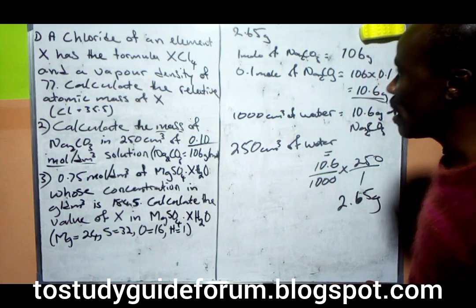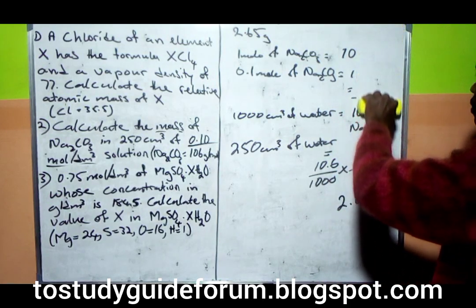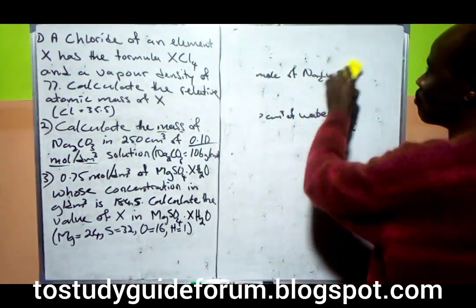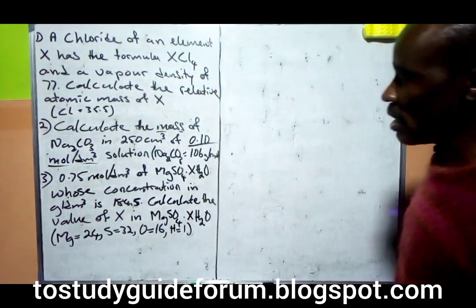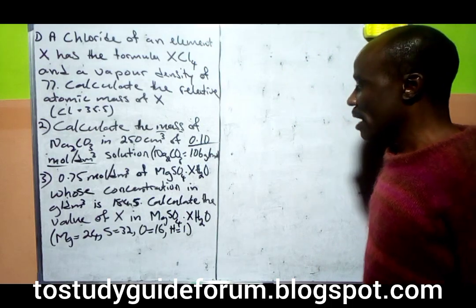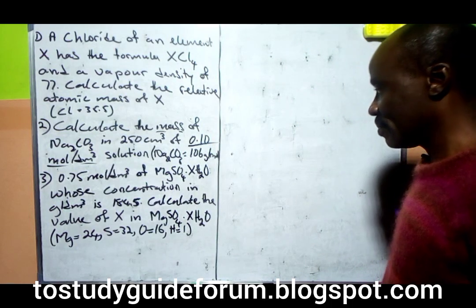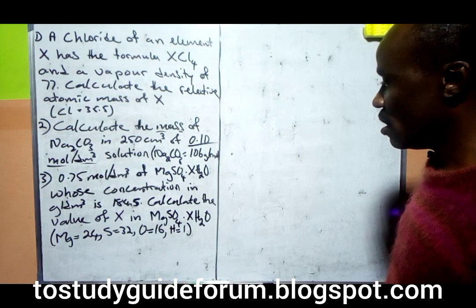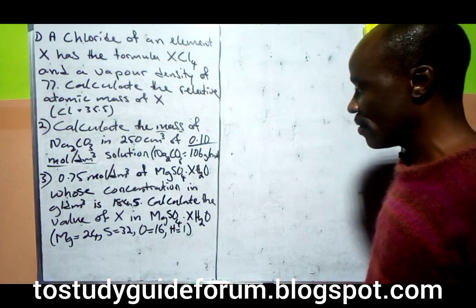The next question says that 0.75 mole per dm cube of magnesium tetraoxosulfate 6 X hydrate, whose concentration in gram per dm cube is 184.5.